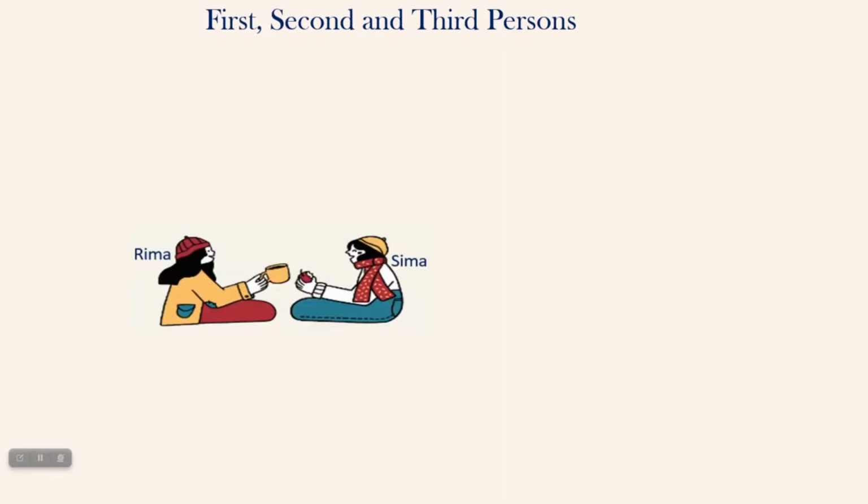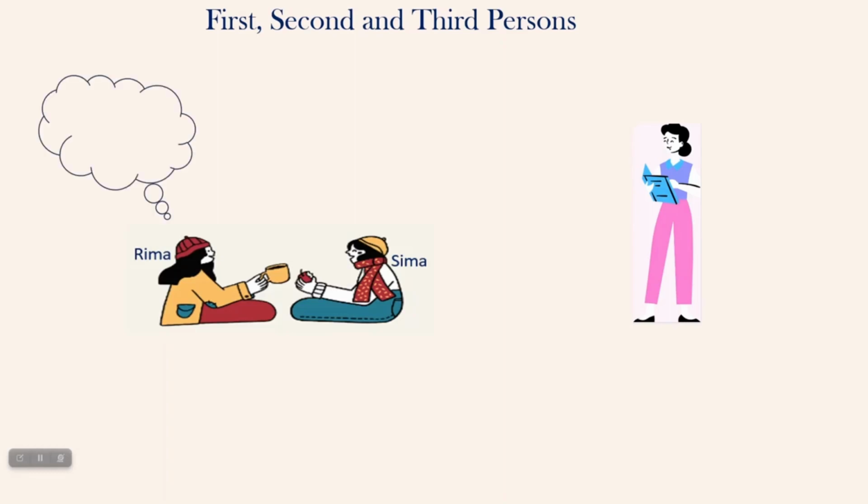One more most important topic is first, second, and third persons. Let's take an example here. Rima is talking to Seema about her English teacher. She is telling that the English teacher is good in grammar.